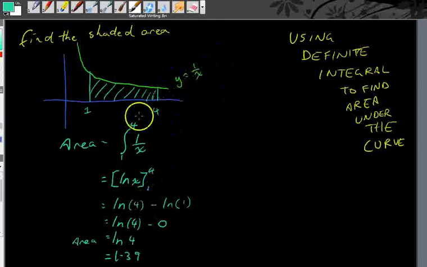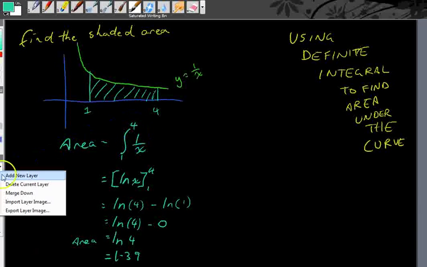Now you've really got to practice these. I know that it looks really simple, but some of us have had trouble with integrating things like 1 on x. Some of us have had trouble with integrating e to the x, and some of us have had trouble integrating trigonometric functions. Now you could be asked any of those questions.